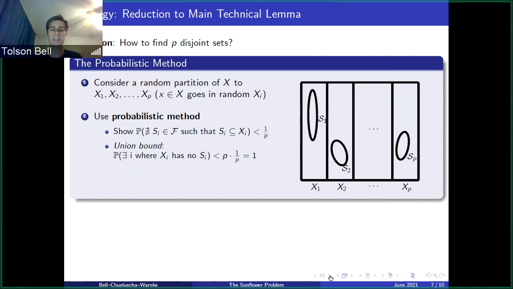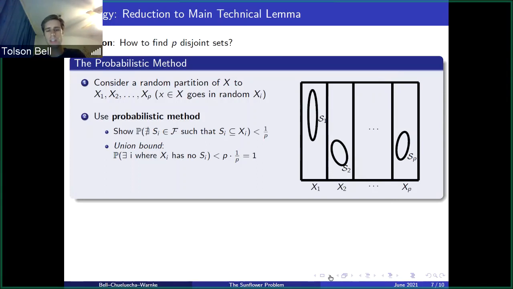The probabilistic method then says if some random partition into p sets has a less than 1 chance of failing, that means it has some probability of success. Therefore, there's some partition into p sets for which we have a set in our family in each set. And so then our family will have p disjoint sets.